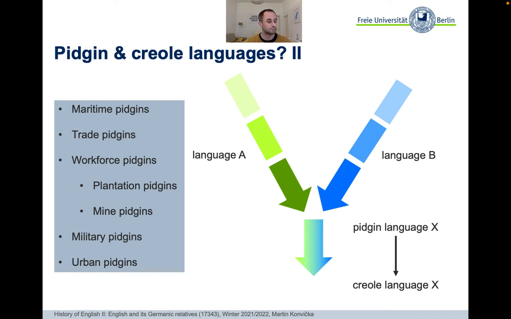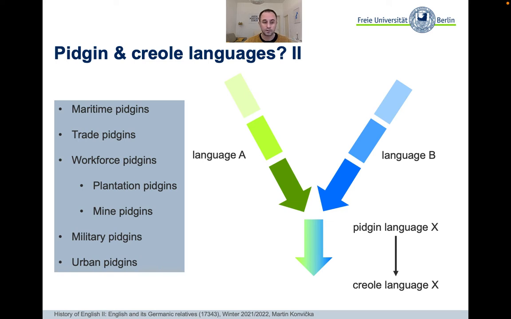We also have so-called maritime pidgins, pidgin languages that evolve when groups of people with different native languages have to communicate, for example, on a ship. And it does not have to be in a colonial context.